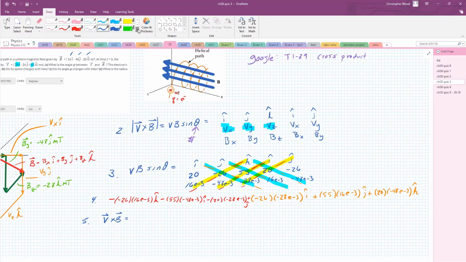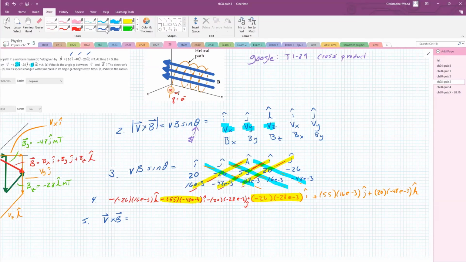I'm going to cluster my I hat vectors together. Here's an I hat vector, and here's another I hat vector. So let's do the calculator thing and cluster all those together.